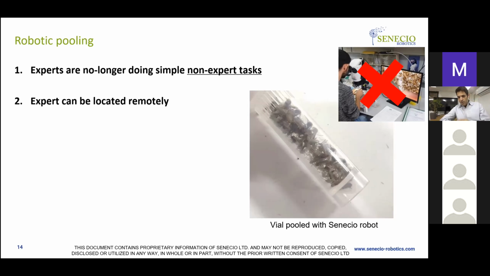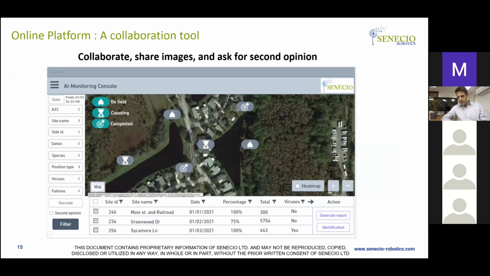And now, no longer should an expert do any tasks which are not really related to being an expert. He can do expert work, he can be located remotely. Once all the information is uploaded, as I explained, to an online platform, you can see information on the map, but you can also access the different images, generate reports, collaborate.